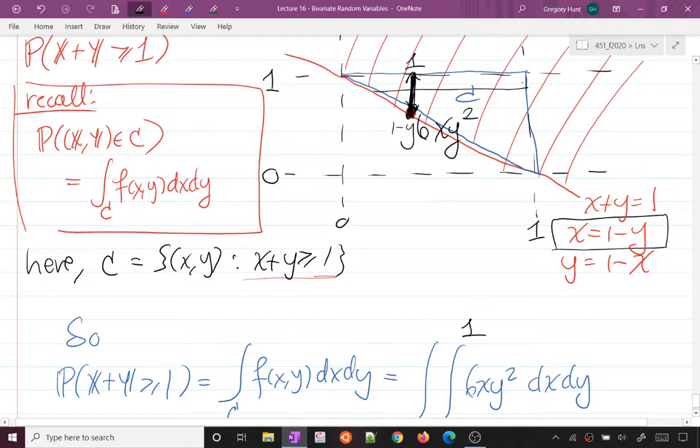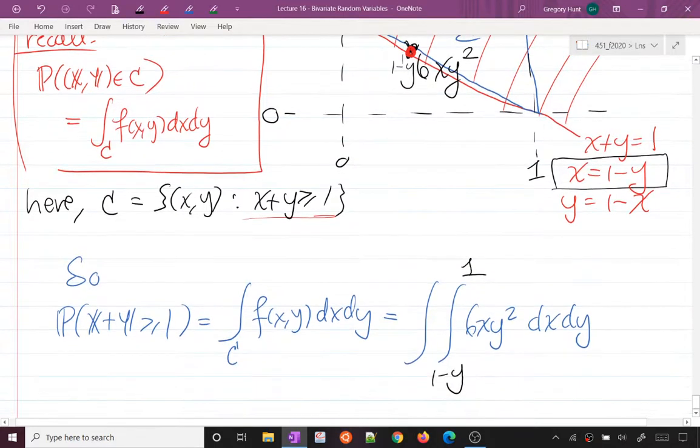Oh, I'm drawing this picture wrong, right? Let me draw this right. It should go horizontally.